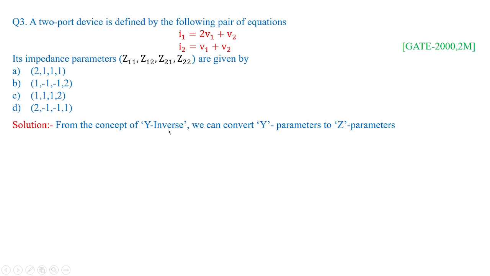From the concept of Y inverse, we can convert Y parameters to Z parameters, or Z inverse is equal to Y. With that approach also you can get Z in terms of Y or Y in terms of Z. Anyhow, what is this inverse concept we'll see here. Z is equal to Y inverse.